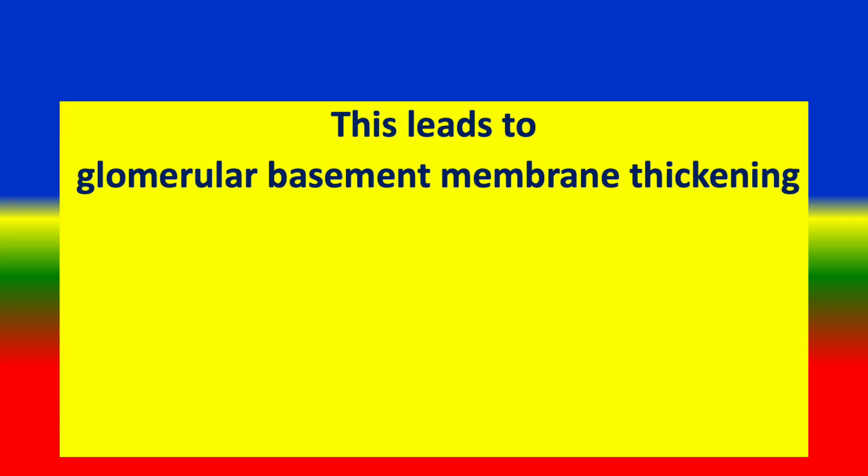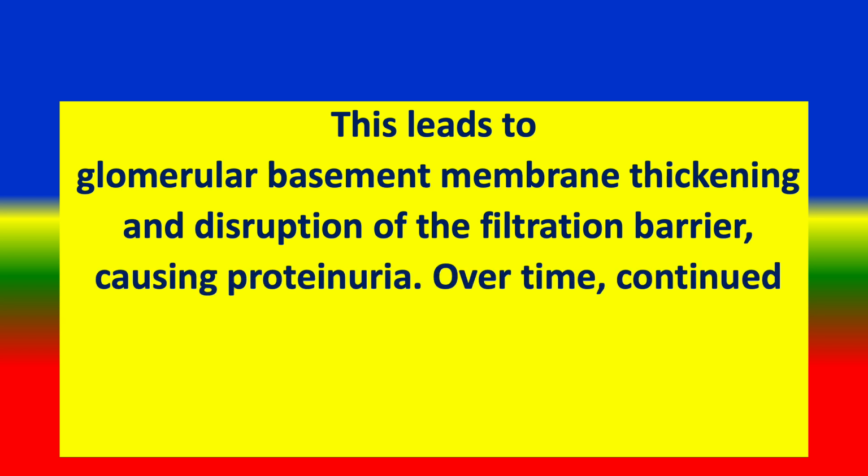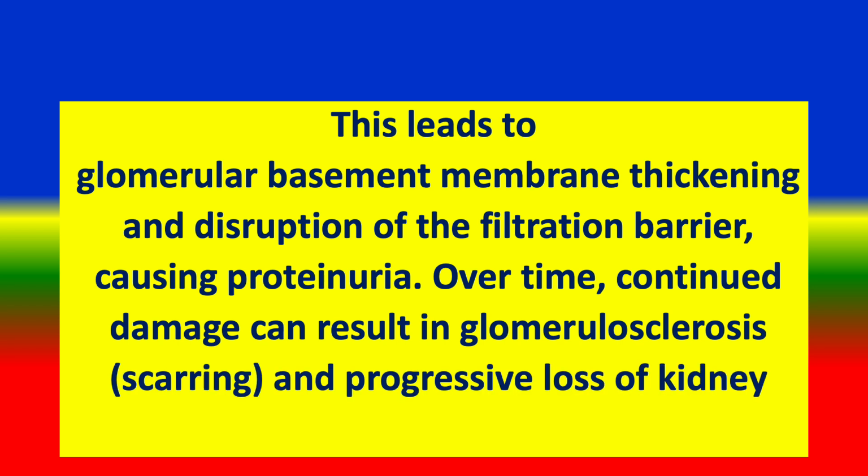This leads to glomerular basement membrane thickening and disruption of the filtration barrier, causing proteinuria. Over time, continued damage can result in glomerulosclerosis and progressive loss of kidney function.